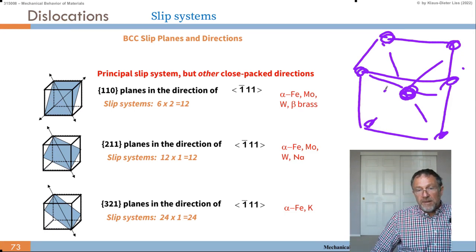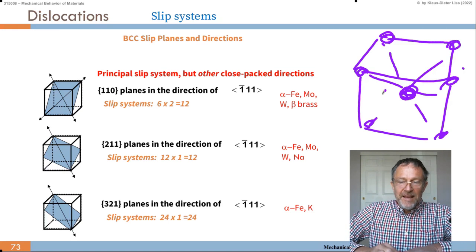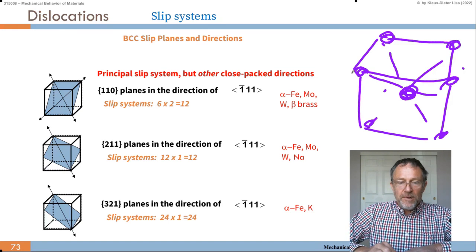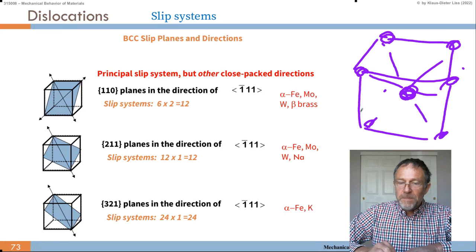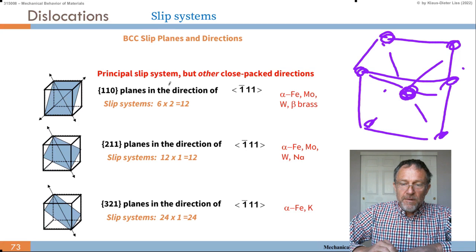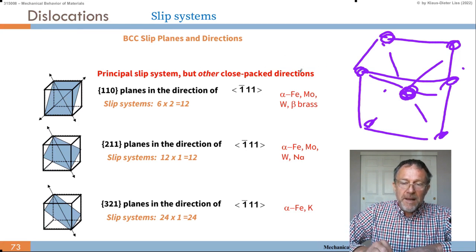You know about it. So here it's a little bit more complicated because we don't really have close-packed planes. It's not a close-packed structure, so we have to distinguish. There are a few principal slip systems, but also other close-packed directions.